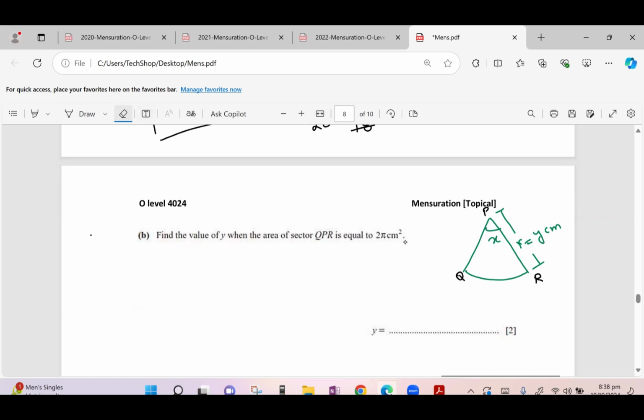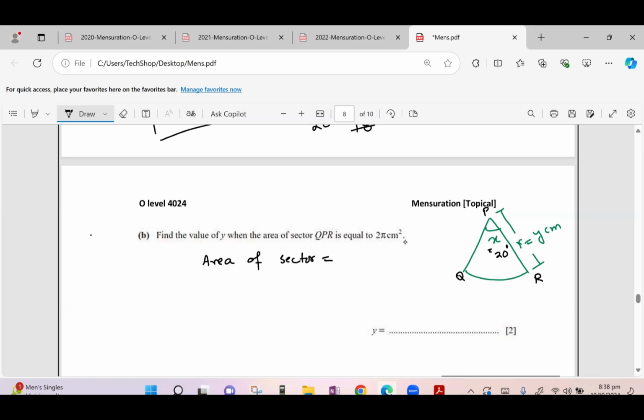So area of sector is what basically? x over 360 into pi R squared. Yes, Aryan? And the value of x is 20, which we found in part A. So theta over 360, theta is 20 degrees, divided by 360 times area, area basically pi R squared.